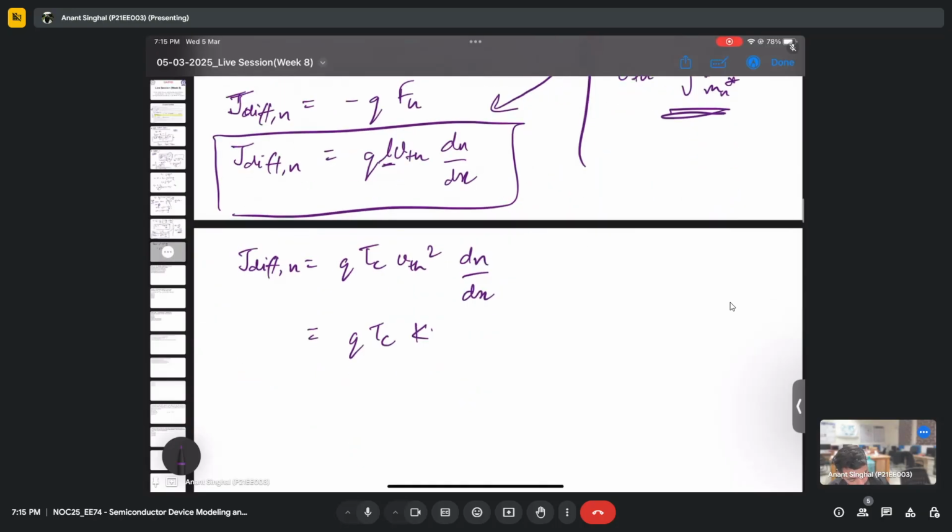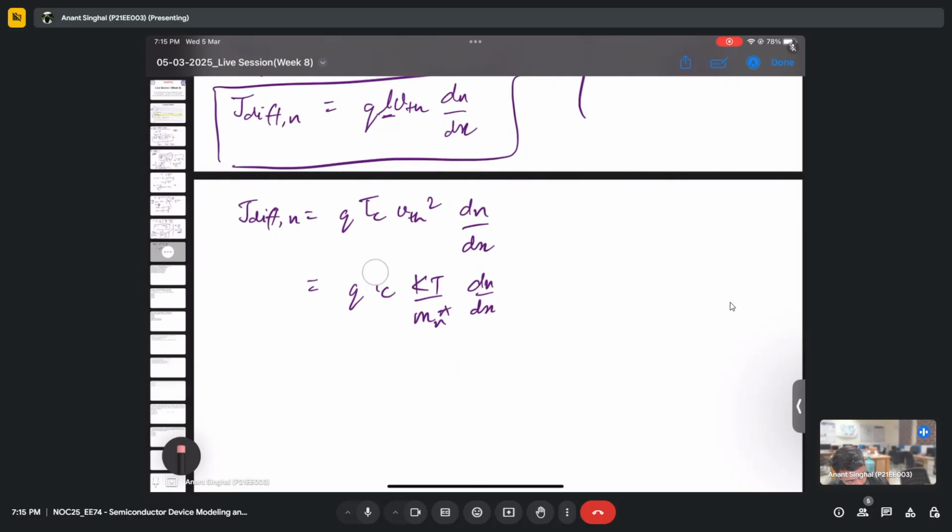So I'm writing kT by mn star times dn over dx, and this q tau c by m star is nothing but the mobility, right?